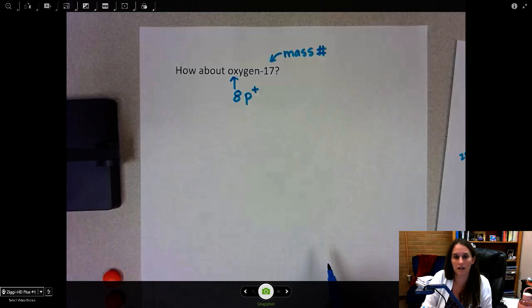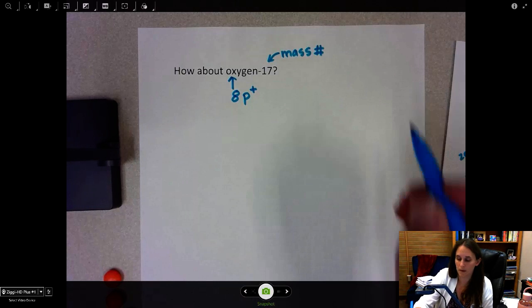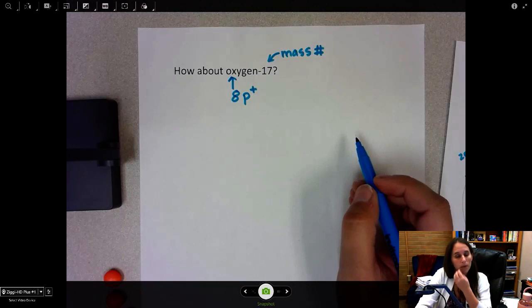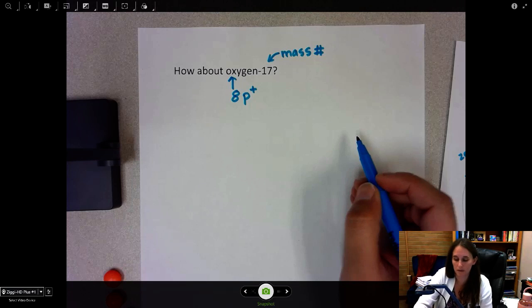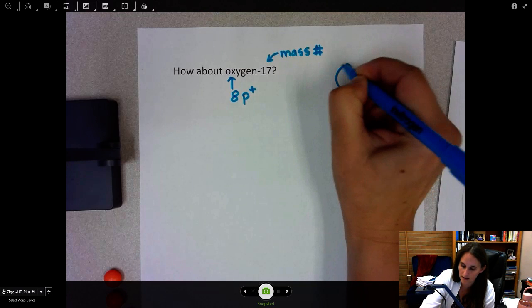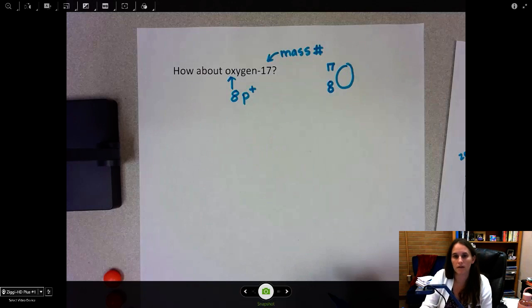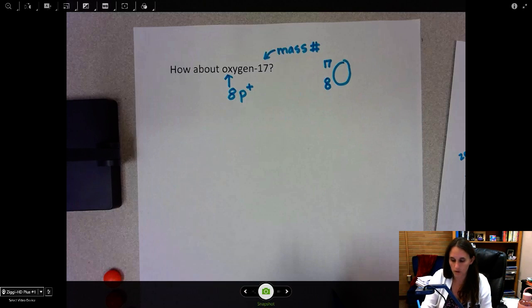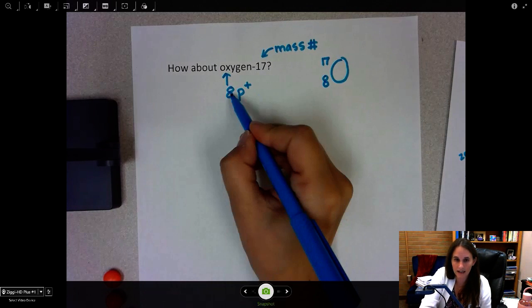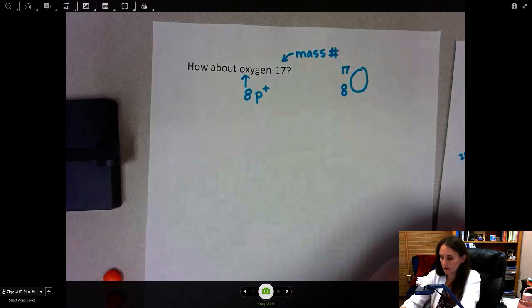That's its atomic number. Depending on where, your periodic table can put that number in different places, but you should be able to find that. So I could write this in the little nuclide form, 17/8.